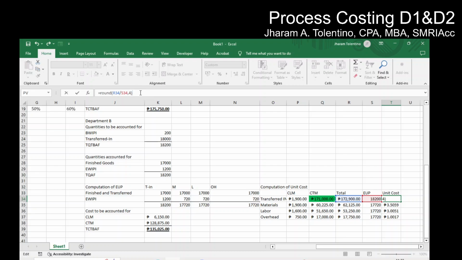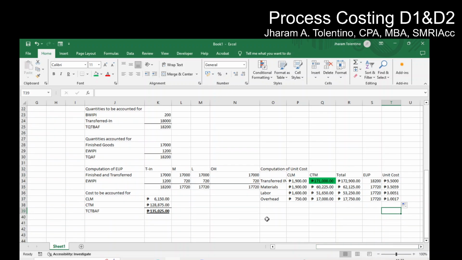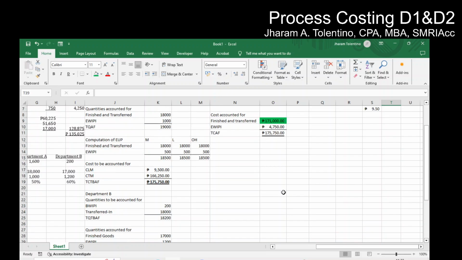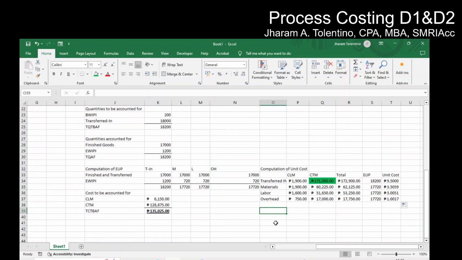There, for 4 digits, to be exact. That's 4 decimal places, already rounded off. Okay, and then after the computation is, of course, the cost accounted for.